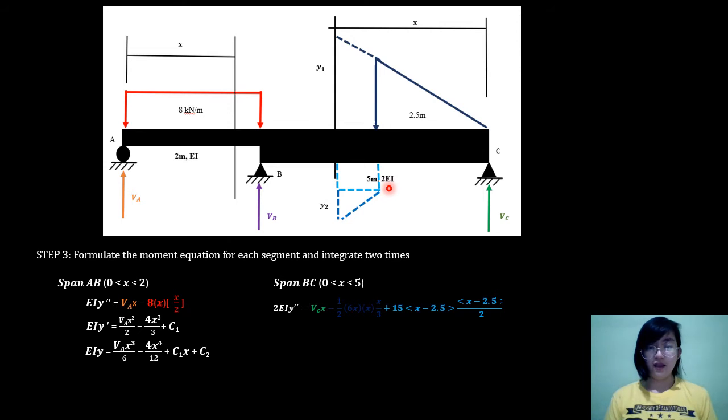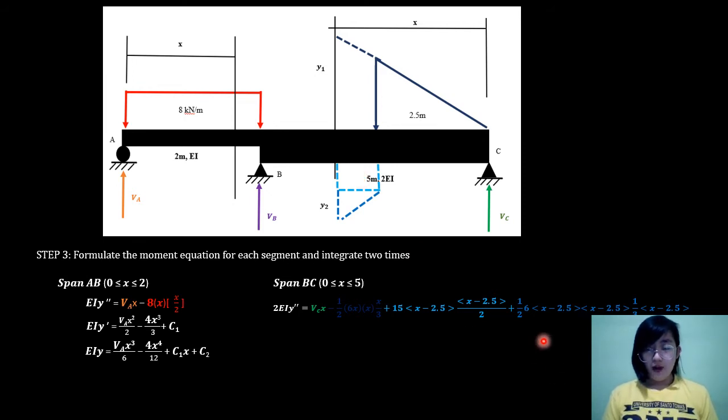So, first, unahin natin tong rectangular na to. So, 15. Kasi we know that this is 15, right? So, 15 times yung length niya, which is x minus 2.5. Kasi, di ba, this is 2.5 and this is x. So, this is x minus 2.5 times yung moment arm, which is x minus 2.5 over 2.